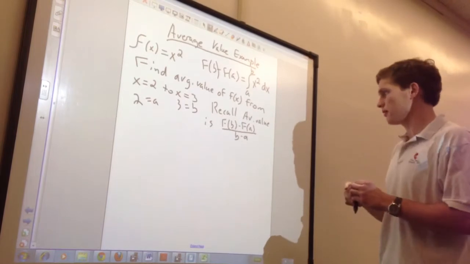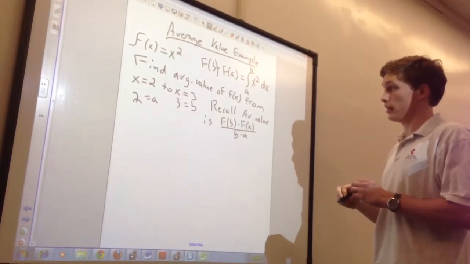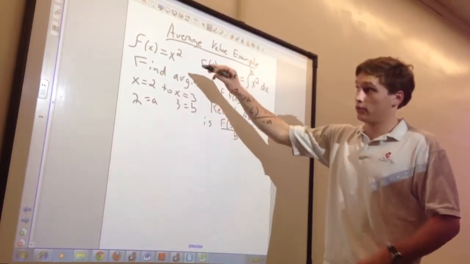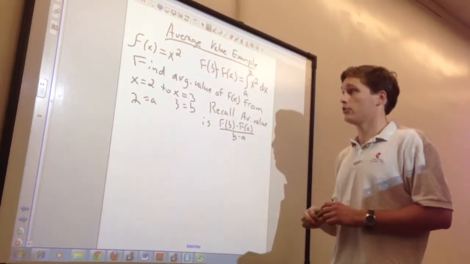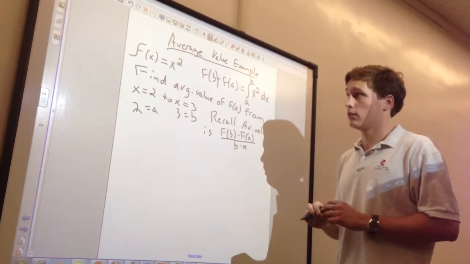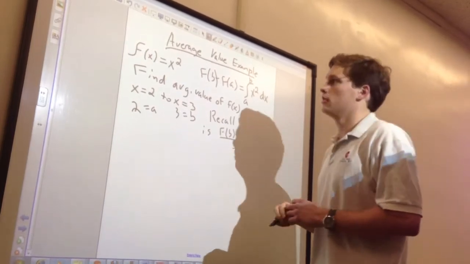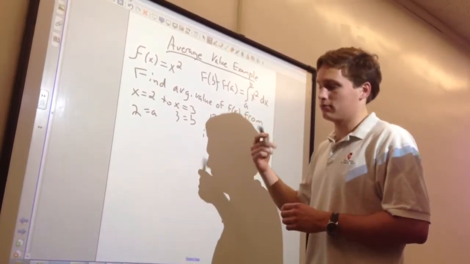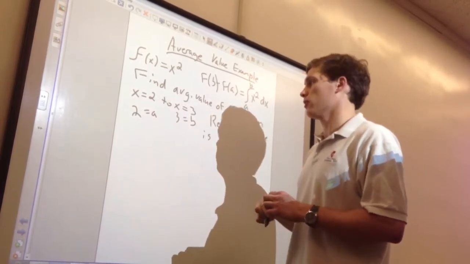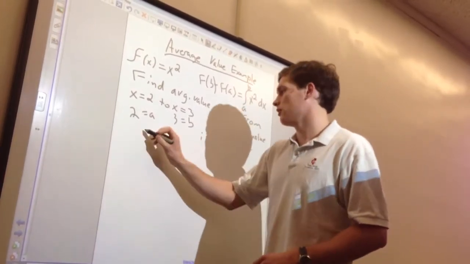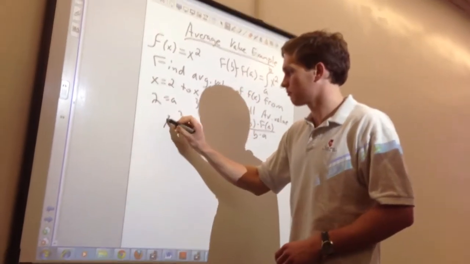Now, since I know that little f of x is x squared, the first thing I need to do for this calculation is find the antiderivative of x squared, which, if you do a variation of the power rule, you get x cubed.